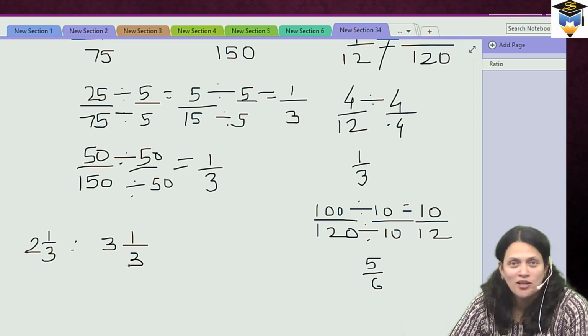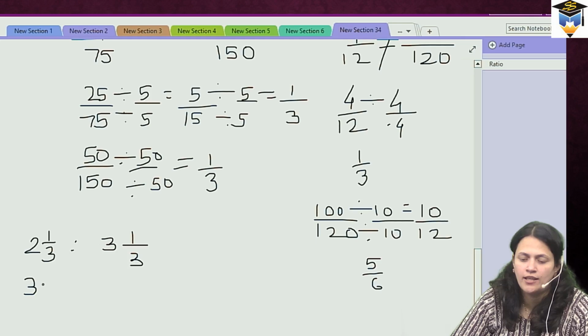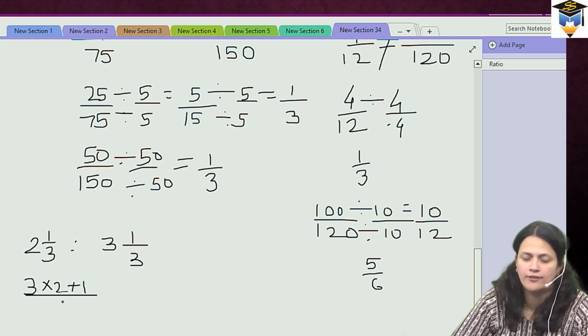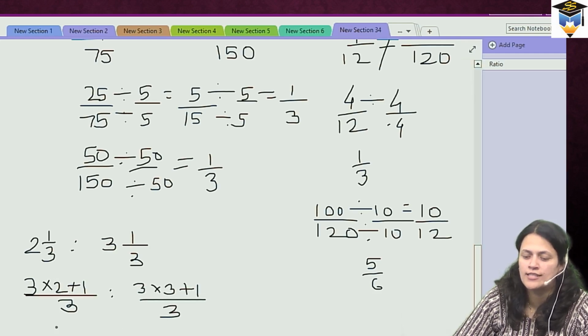So when you convert a mixed fraction to an improper fraction, what do you do? 3 multiplied by 2 plus 1 upon 3 is to 3 multiplied by 3 plus 1 upon 3. So this is 7 by 3 is to 10 by 3.